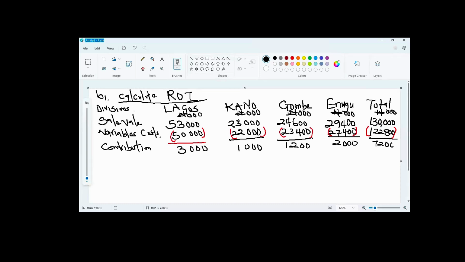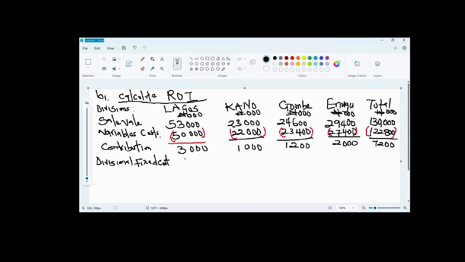Now, in this question, we have two fixed costs: divisional fixed cost and head office fixed cost. We take the divisional fixed cost first. Divisional fixed cost is the fixed cost incurred by the division. Let's pick this out.